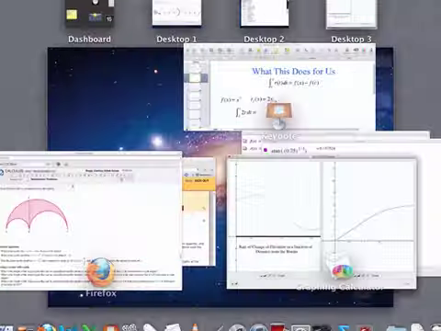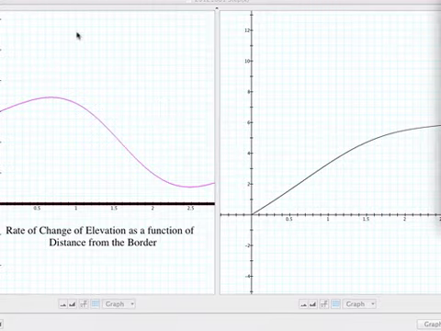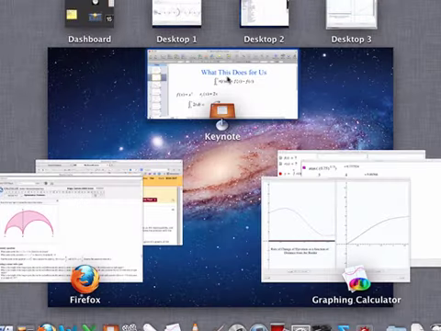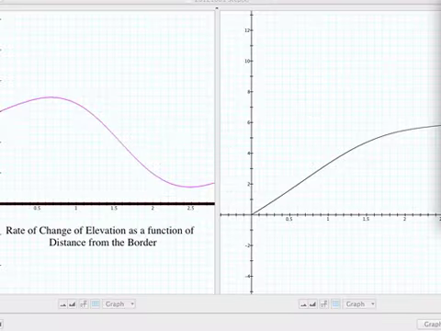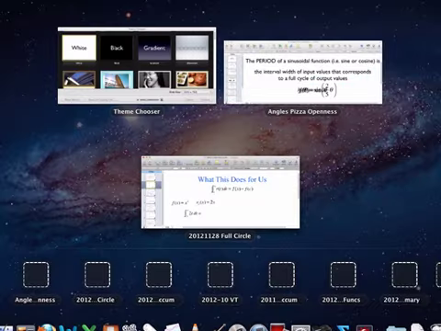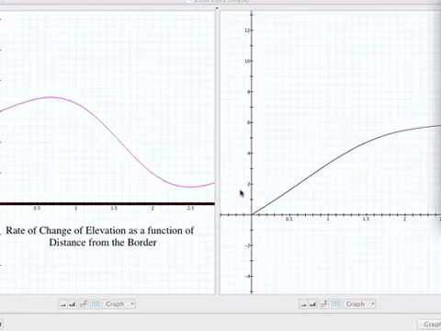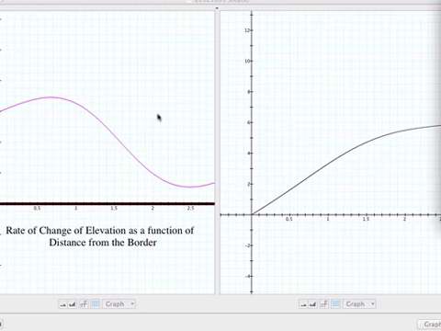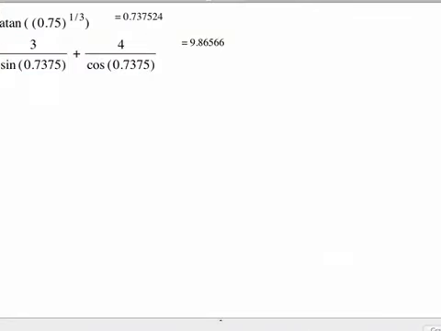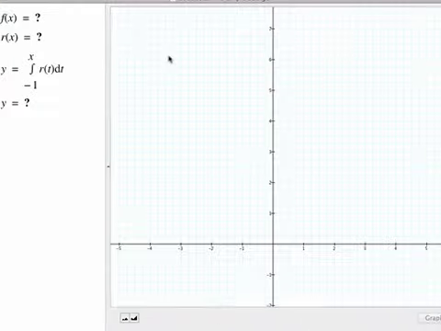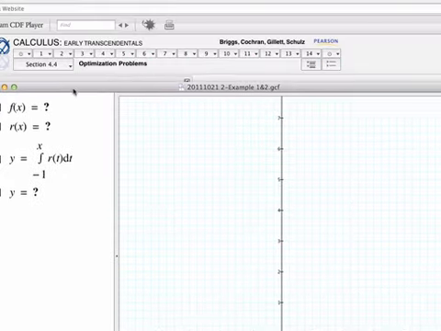So let's. Oh, there it is. It's hiding. Where are you?